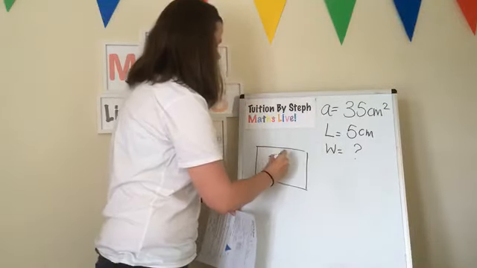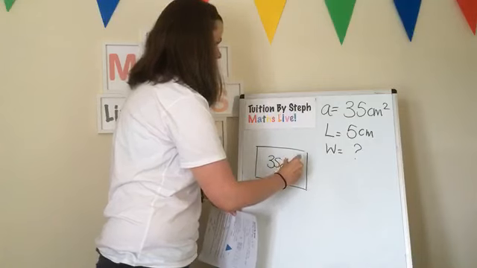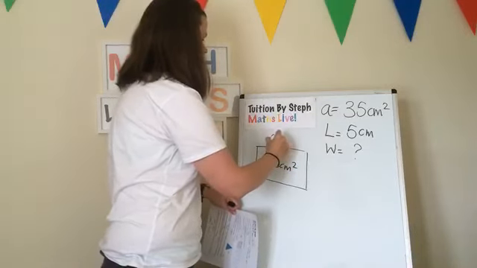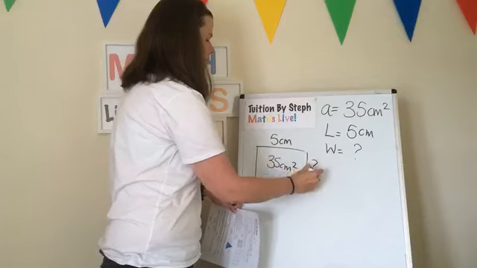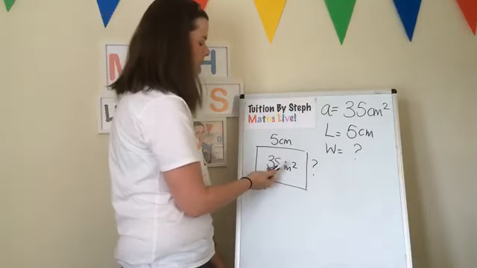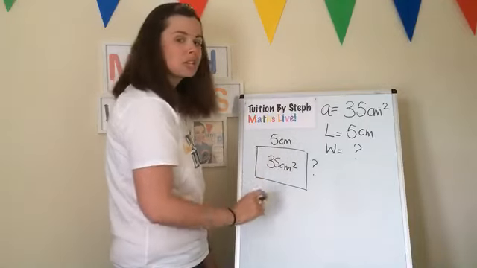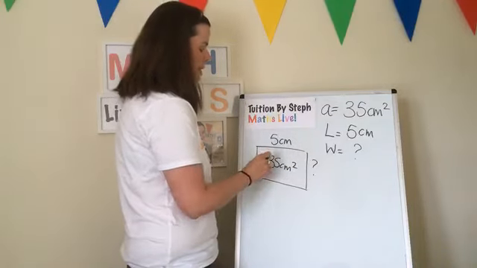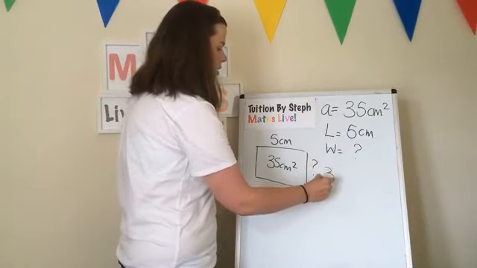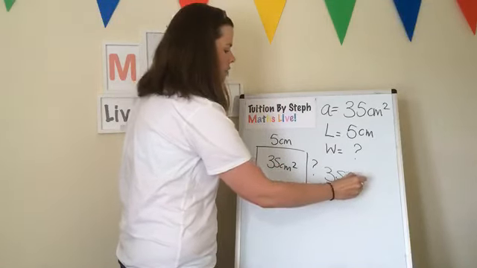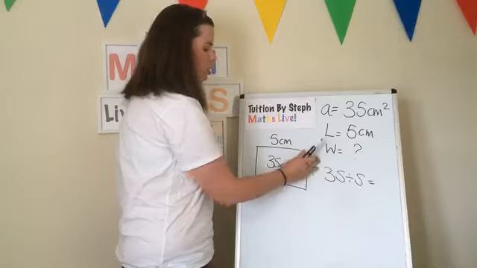So the area is 35 centimetres squared. The length is 5. What is this? So we know that to find the area of a quadrilateral, we times the length by the width. But we need to do the opposite now. We need to now divide 35 by 5, which will tell us what the width is.